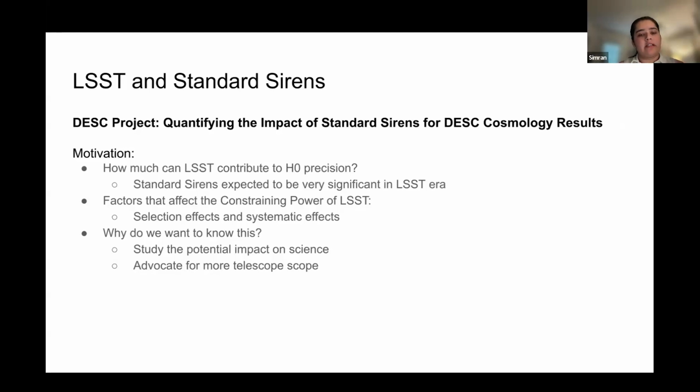The motivation here is how much LSST will contribute to H0 precision, how many standard Sirens, or how well standard Sirens could be detected by LSST. What are the factors that would affect the constraining power of LSST? There are selection effects and systematic effects that can come up. That's what we want to study within our project.